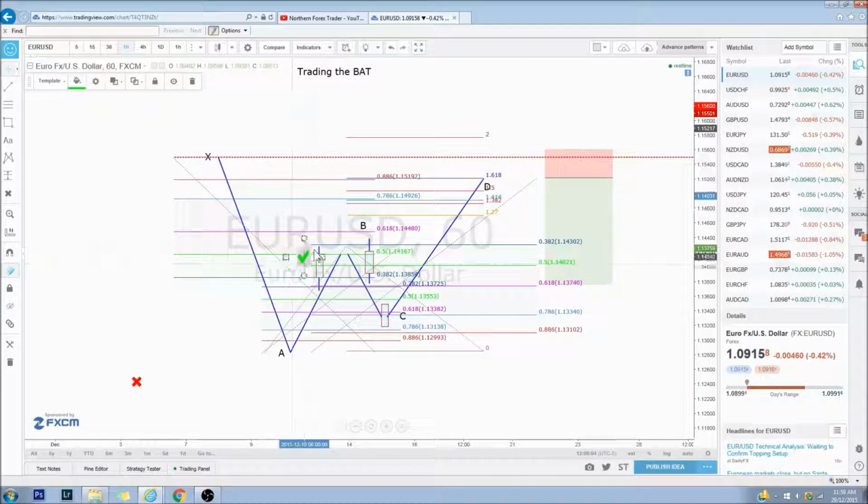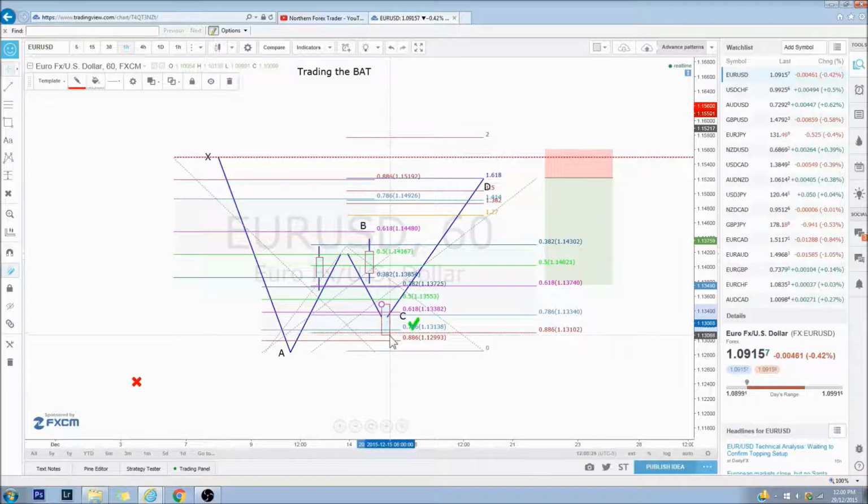So remember, the good parts are closing below the 50, but the wick may pass the 50, that is okay, but it must close below the 50. And then on the C point, it must close past the 618, but not come close.